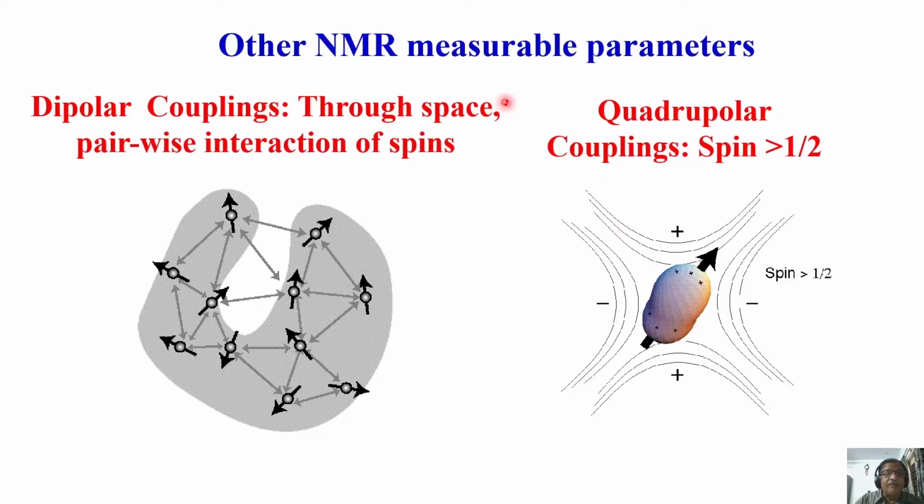One is the dipolar coupling, that is through space, which is a pairwise interaction of spins. That means there are n number of spins possible in a molecule. N number of protons or even heteronuclei are present, let us say. Each spin can interact with all the remaining spins depending upon their spatial proximity. You understand? When we go further, we will understand later.